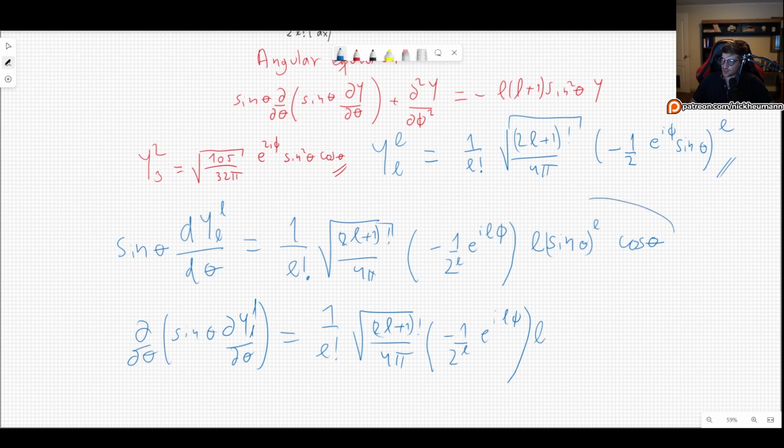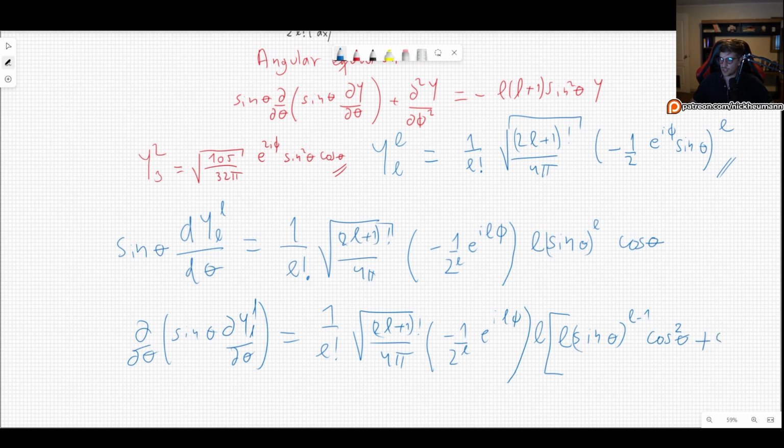Now we have to take the derivative of this. So let's do it step by step. First, we take the derivative of this. So we get, again, L sine of theta, now to the L minus 1, and we multiply by the derivative of what is inside, which is cosine. And then we multiply by that, so we get cosine squared.